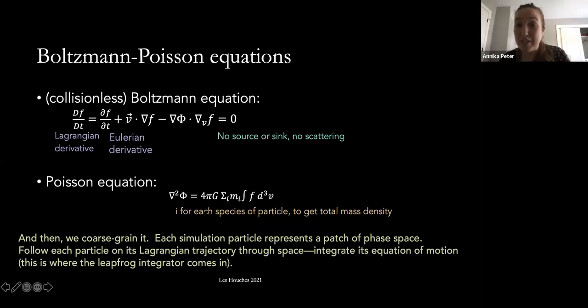Basically, we see where all the other particles are in the simulation, we compute the gravitational field from all other particles, and we evolve the trajectory of each particle according to the gravitational field from the other particles.